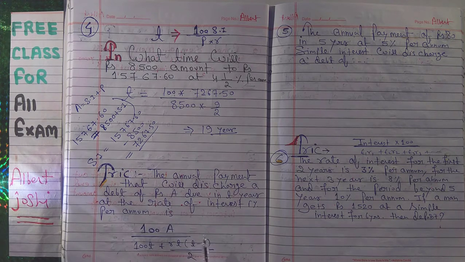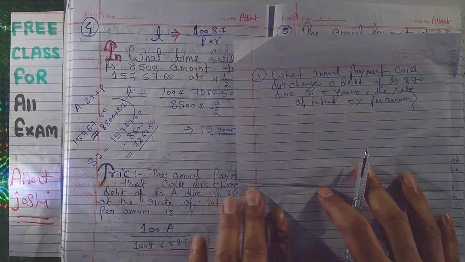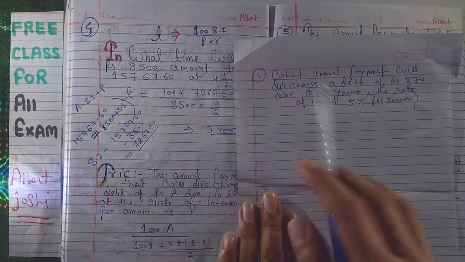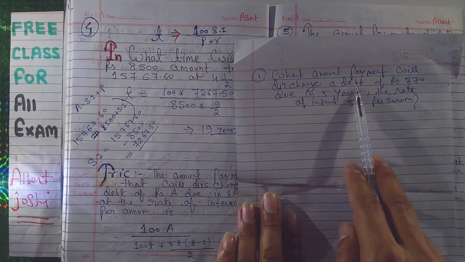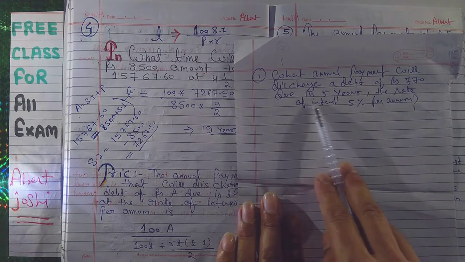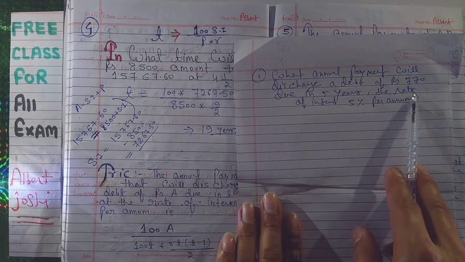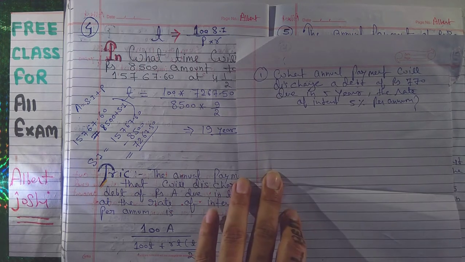We will explain. We have taken one example: what annual payment will discharge a debt of rupees 770 due in 5 years at the rate of interest 5% per annum?